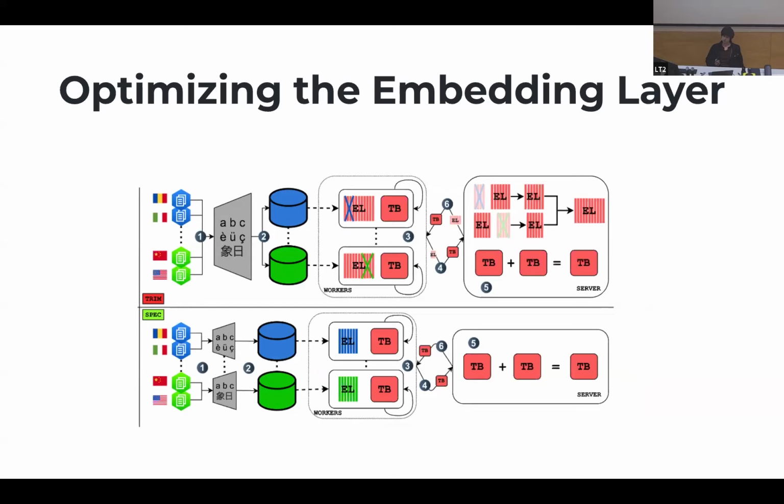The first of which is a simple optimization of the standard approach, which is if I know that my local vocabulary is restricted, why am I keeping the entire embedding matrix in memory? So what you can do in this case is simply only keep the parts of the vocabulary that you really need. And then when you aggregate, you have to consider which tokens the client has trained and zero pad everything else.